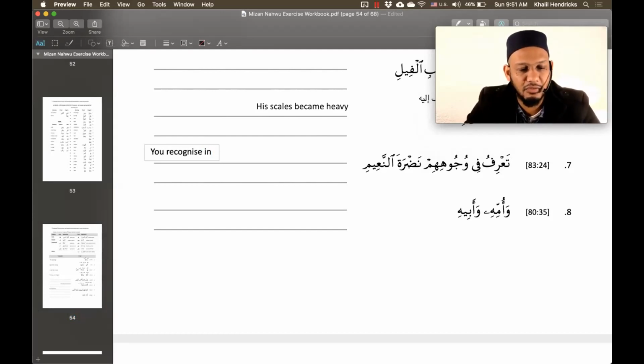So just think about wujuh. What's the difference between wujuhihi and wujuhihim? Okay, I'll give you an easy one. What's the meaning of baytihi?